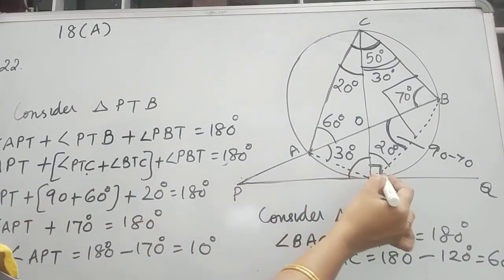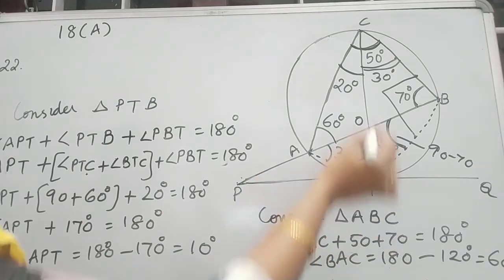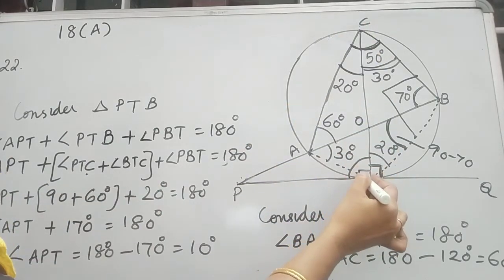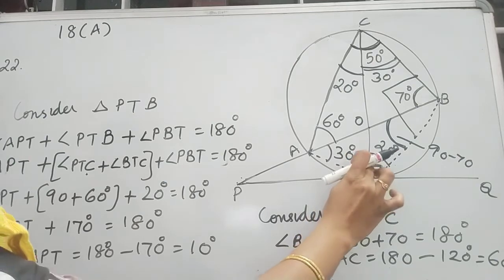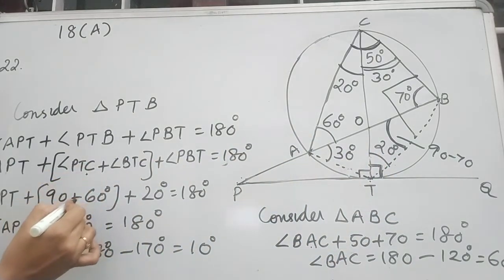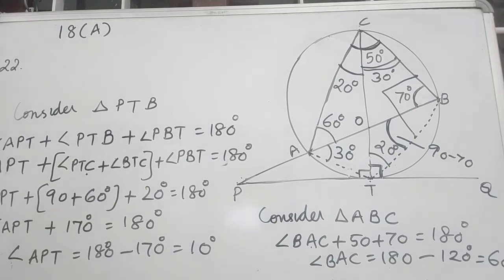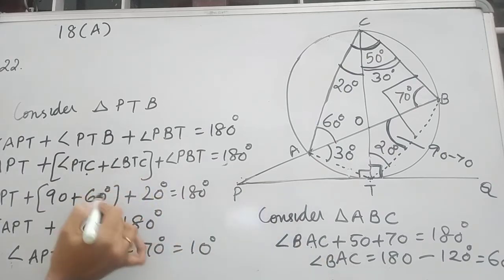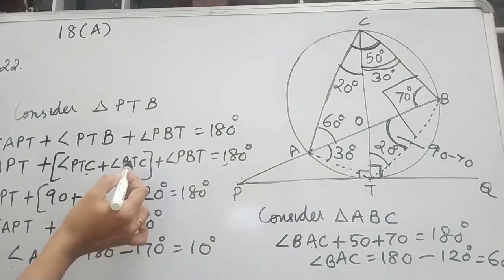What about PTC? Given this is 90 degrees, so PTC will be 90 degrees. Plus BTC, which we found to be 60 degrees, and that is why we found BTC, for substituting here.